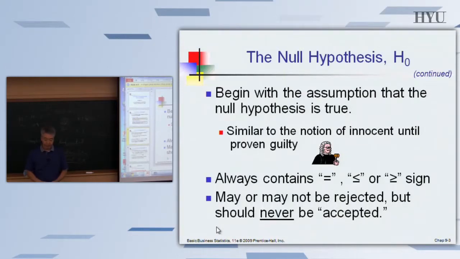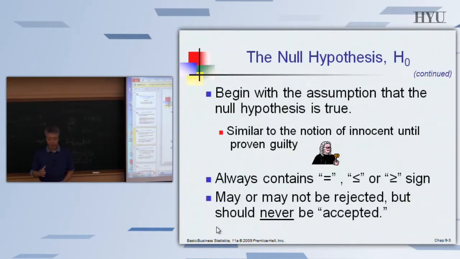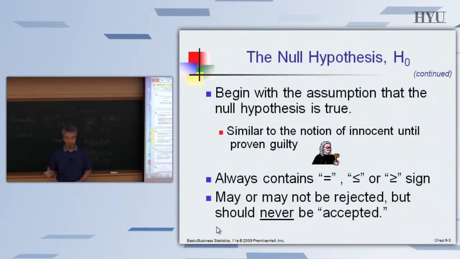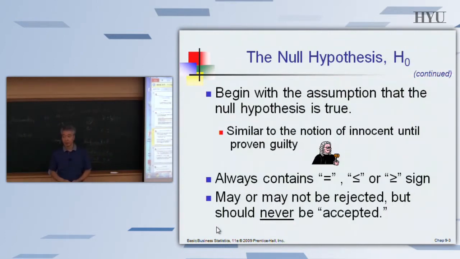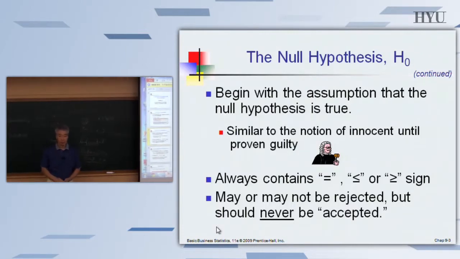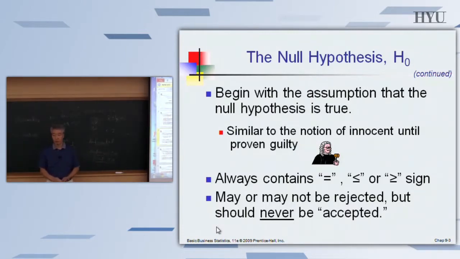Starting with the null hypothesis, there are a few things you have to know. When we start out this entire hypothesis testing, we start out by assuming that the null hypothesis is true, until we have sufficient evidence to reject it.